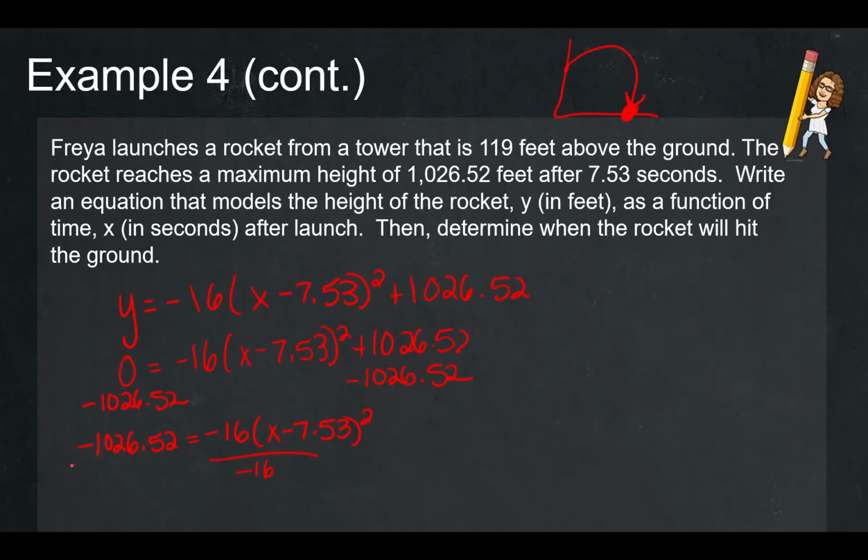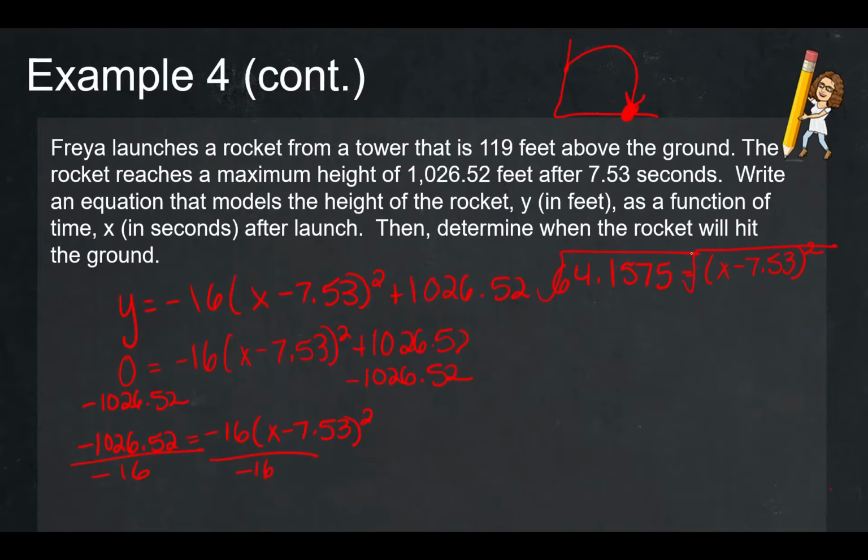Let's just work on cleaning up stuff. So I got 1026.52 divided by 16. I get an answer of 64.5575 equals (x minus 7.53) squared.